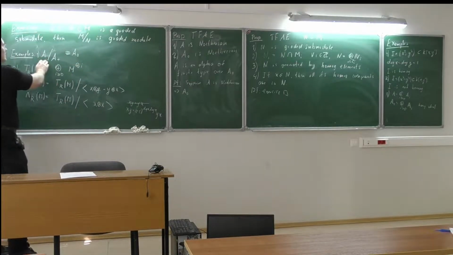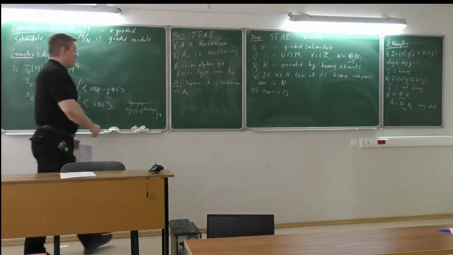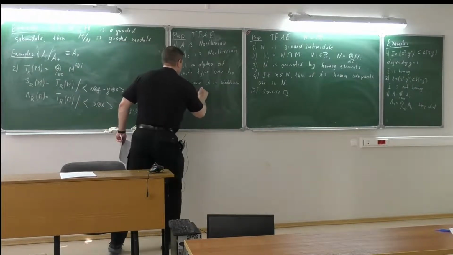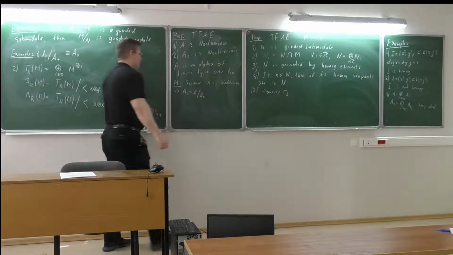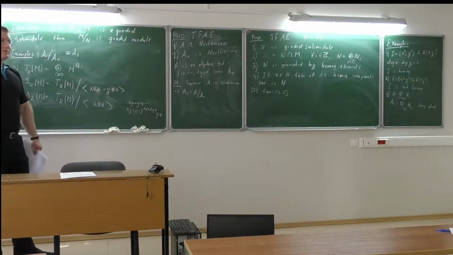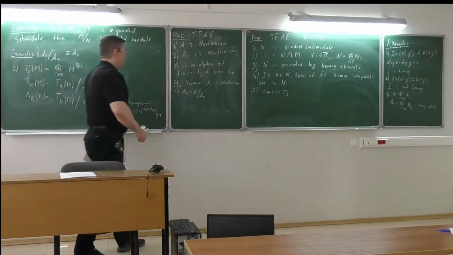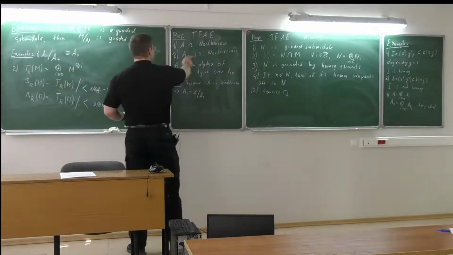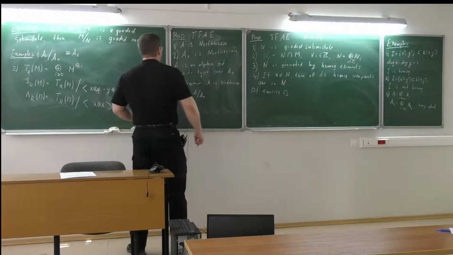Well, this is a summand as an abelian group, so I would rather say that since A is Noetherian, any quotient of a Noetherian ring is Noetherian, so A0 is Noetherian. So then we have the first part of 2.